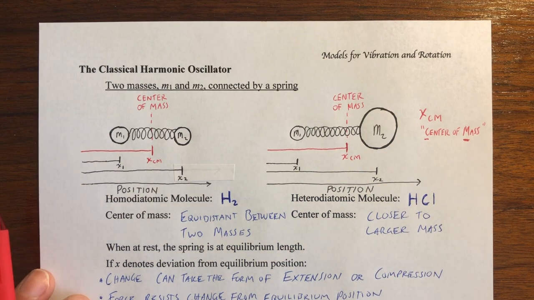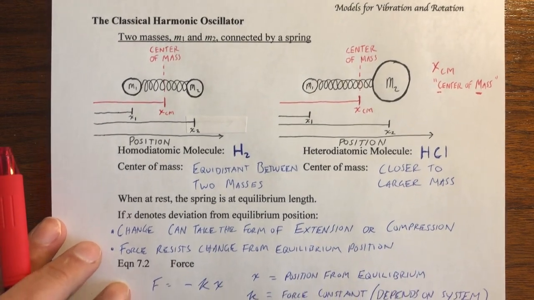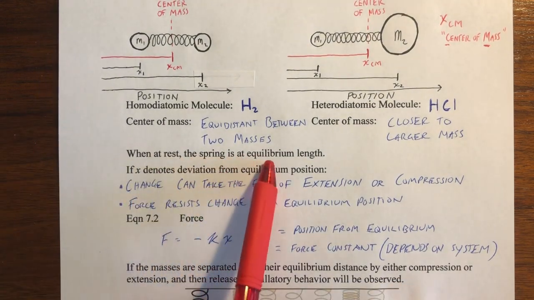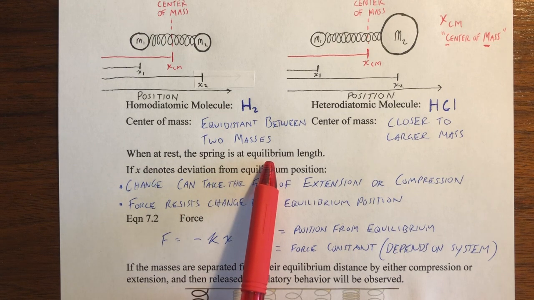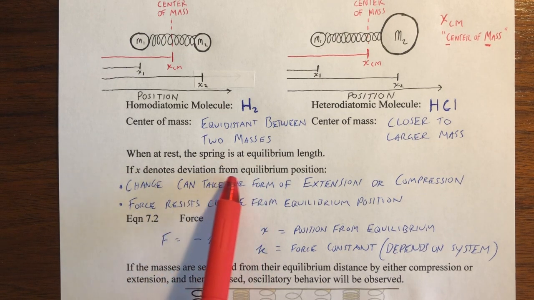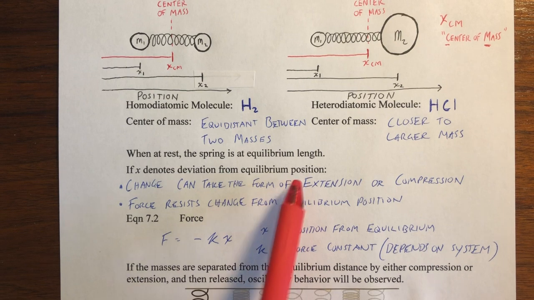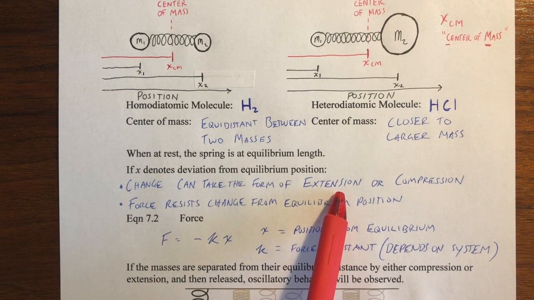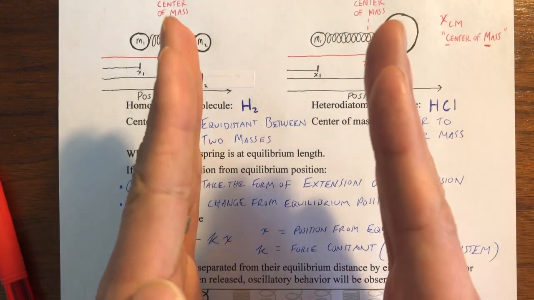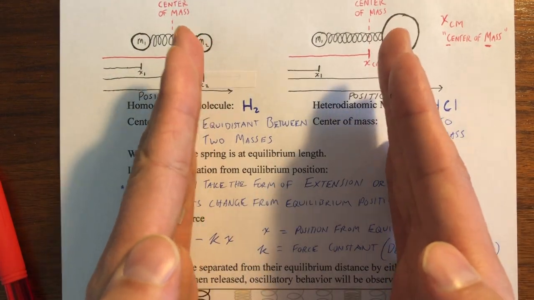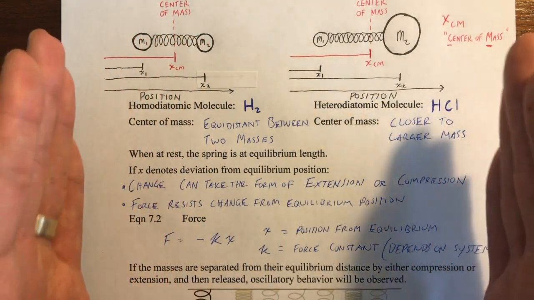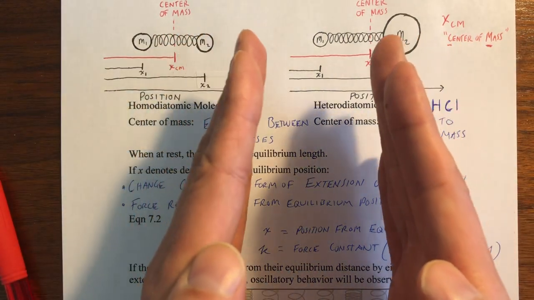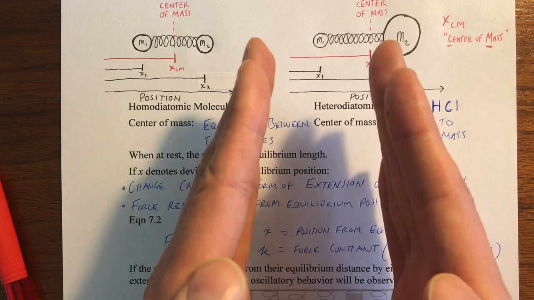So, getting back to our spring that's connecting these two masses. When at rest, the spring is at an equilibrium length. If x denotes deviation from equilibrium position, a change can take the form of extension and compression. So if we're in an equilibrium position, we can extend our spring and that'll increase the potential energy, or we can compress our spring and that'll also increase the potential energy.